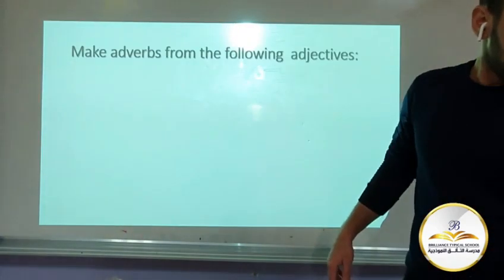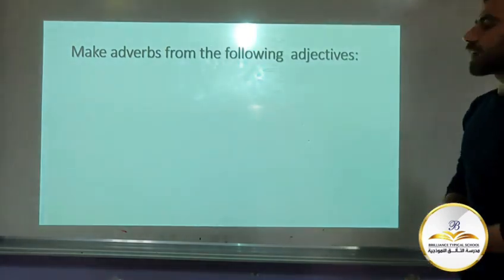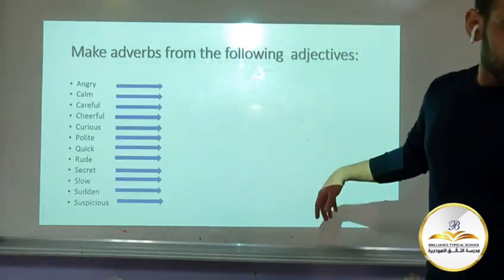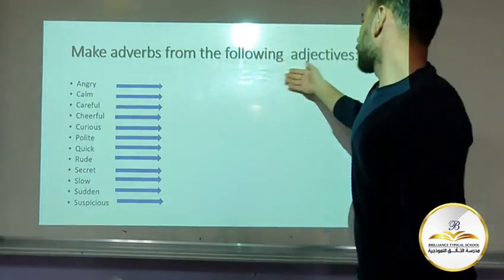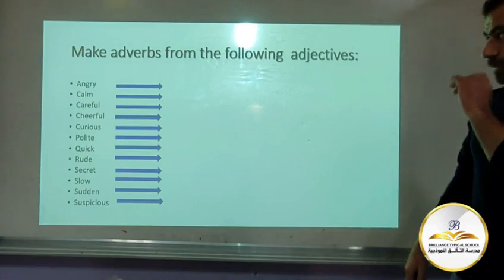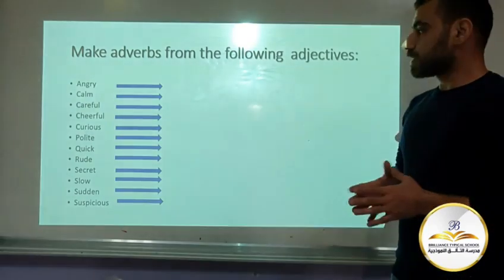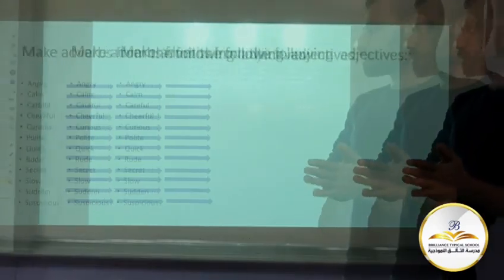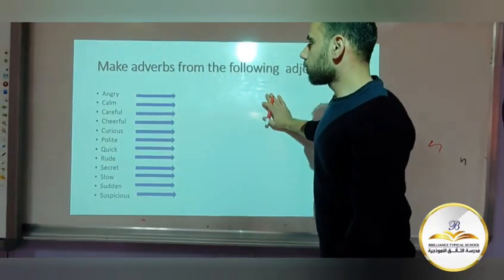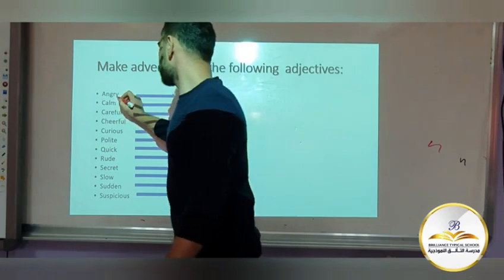Okay, now I want you to take a look at these adjectives, and I want to make adverbs from the following adjectives. So go ahead, pause the video. You have 3 minutes to do this. Okay, now take a look at this one.